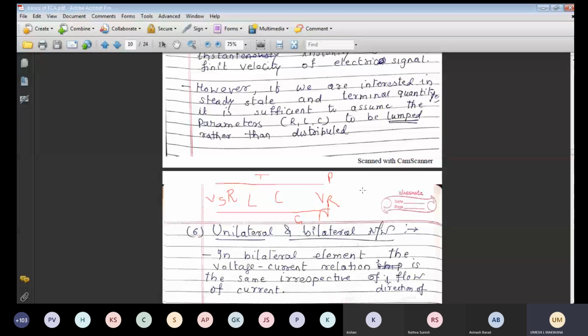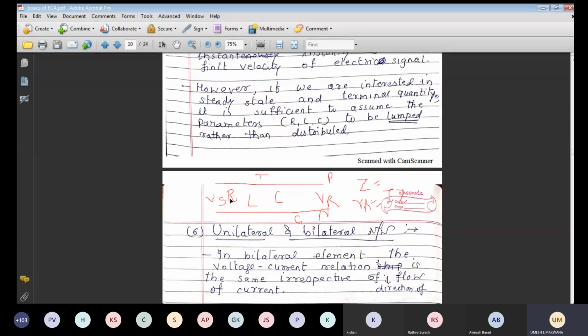This wire has different parameters: resistance, inductance, and capacitance. Because of this, we have Z, known as the impedance of the circuit, which is the combination of R, L and C. Because of this impedance, there is a voltage drop, which is given by I into Z, where Z is the impedance of the transmission line, right?